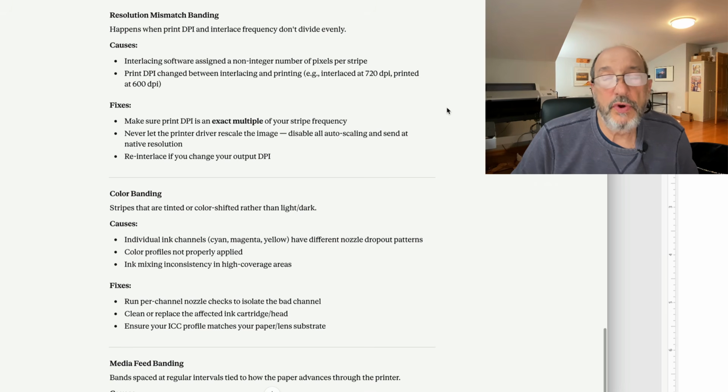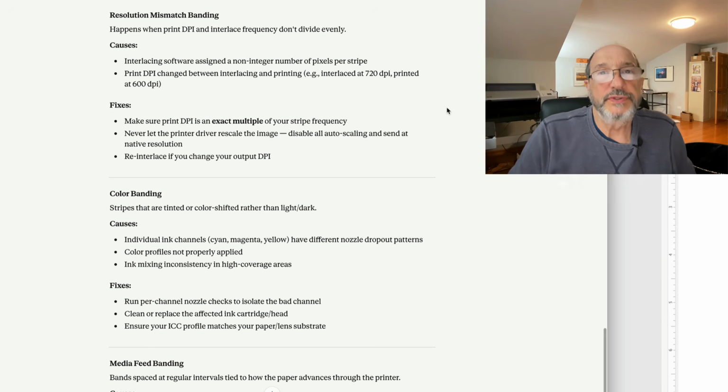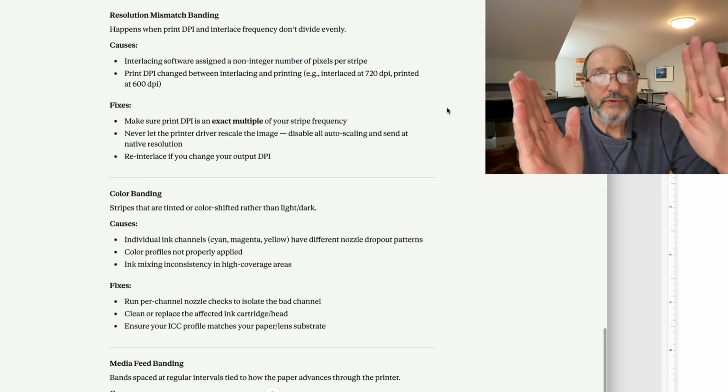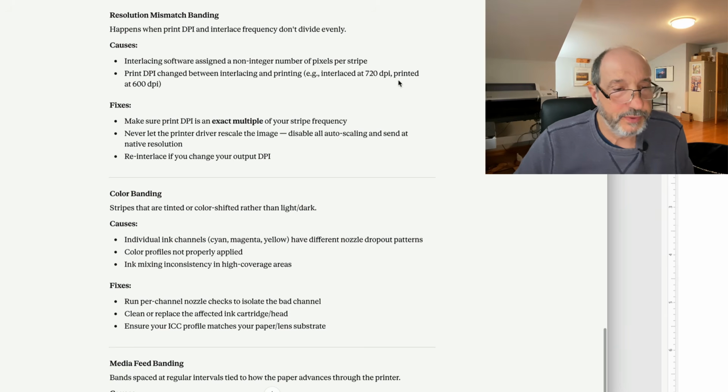But the problem is often you do a pitch test and the result is 50.125 or some non-integer, and that's what causes the banding. So it's identified really the reason for banding, but really hasn't come up with a good solution for it. So again, the commonly used solution: rotate your interlace file on the printer and print that out.